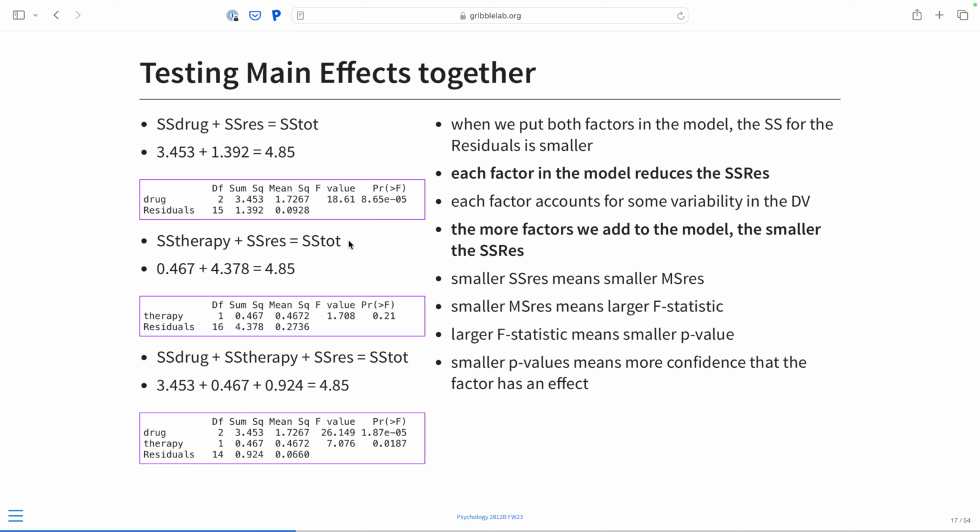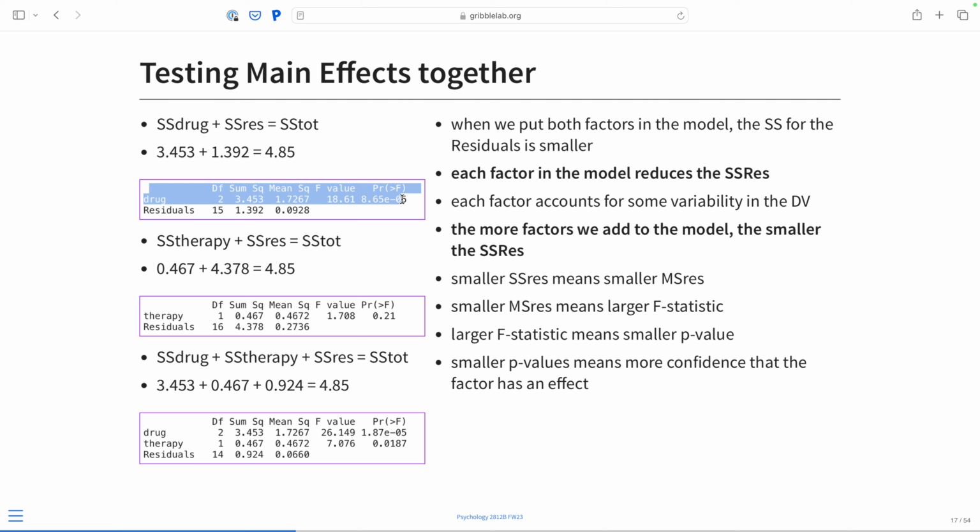I don't mean to harp on this too much, but it's important to see how this works arithmetically in the Anova output table. So the total sum of squares in the model is equal to the sum of squares drug plus the sum of squares residuals. 3.453 plus 1.392 is 4.85.